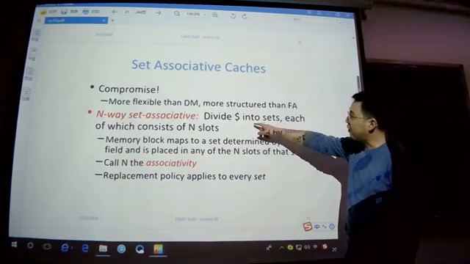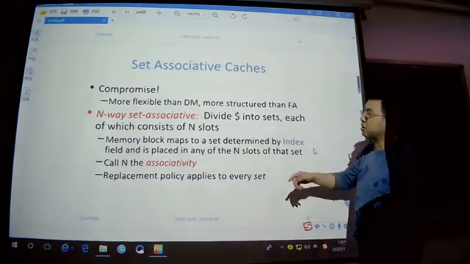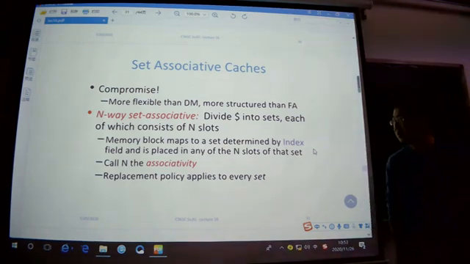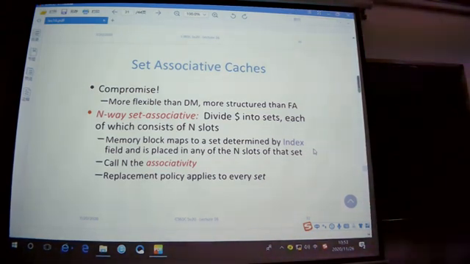Okay, we can divide into sets, each of which consists of n slots. A memory block maps to a set determined by the index field and is placed in any of the n slots of that set. We call n the associativity.